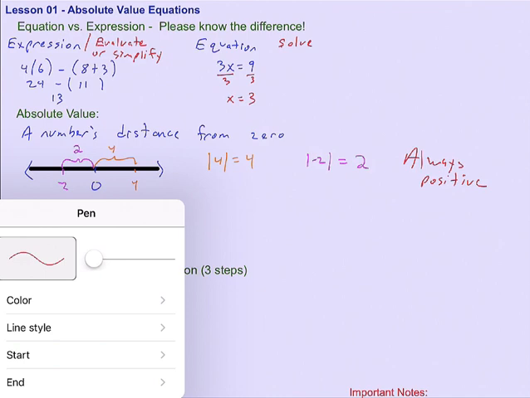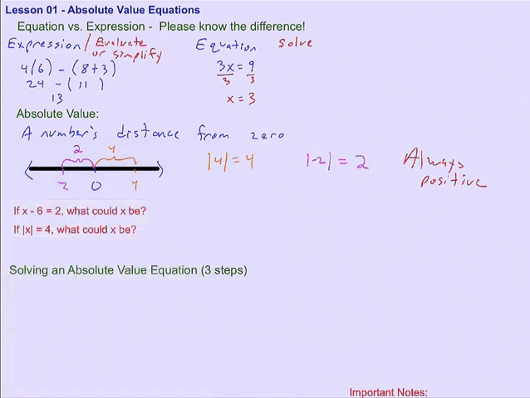Because an absolute value is always positive, and because the absolute value of a positive number and a negative number, like the absolute value of positive 4 and the absolute value of negative 4, might end up being the same thing, we run into an interesting situation where if I tell you that the absolute value of x, some unknown number, is equal to 4.